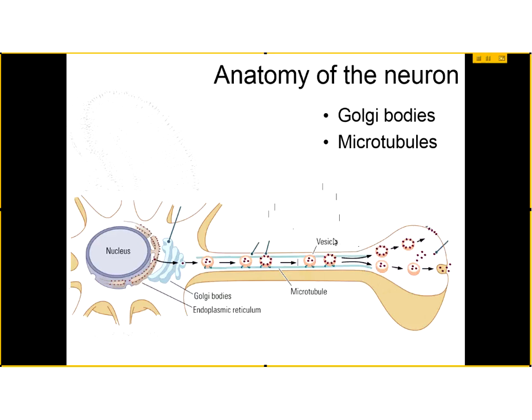And what will be left will be these neurofibrillary tangles. We'll talk more about that later on. It's just an example of the importance of the Golgi bodies and the microtubules for the health of the neuron. If you disrupt that, the neuron will die.